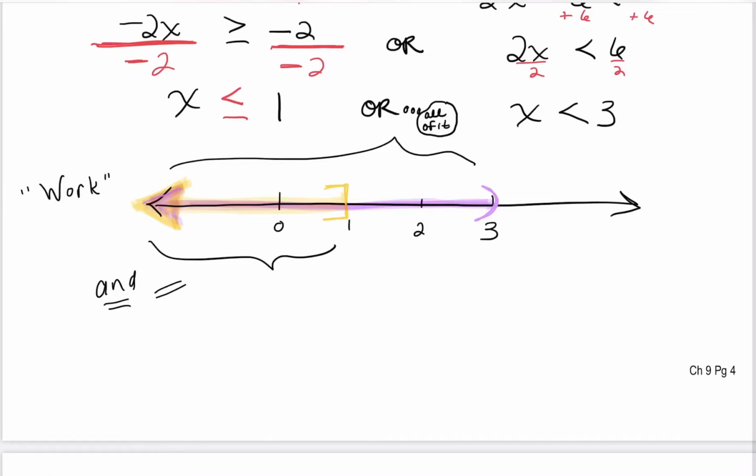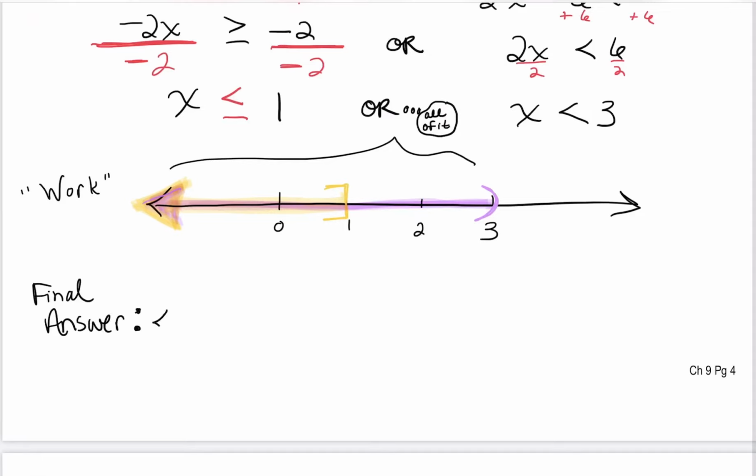But this one is just doing the or, and so our final answer, anything that got shaded at all, anything that was in either the first or the second set, is going to look like this, everything that's less than the 3.